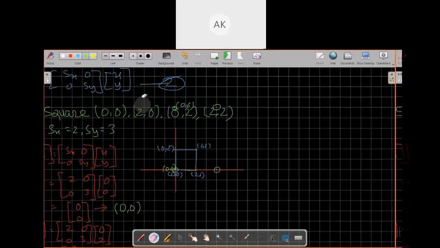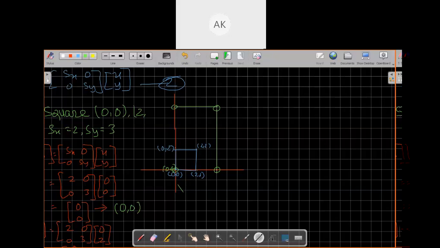This is the point 0 6. The next points are 4 0 and 4 6.